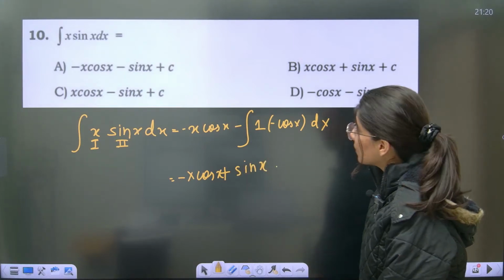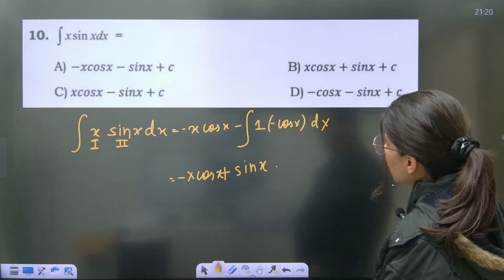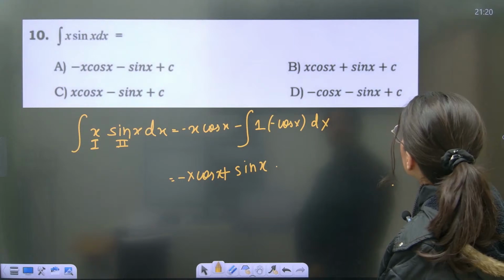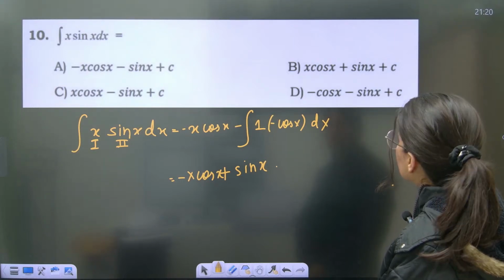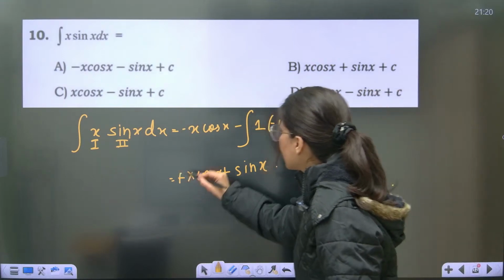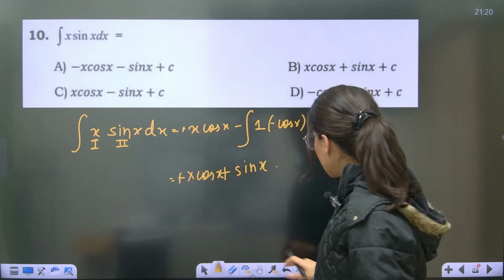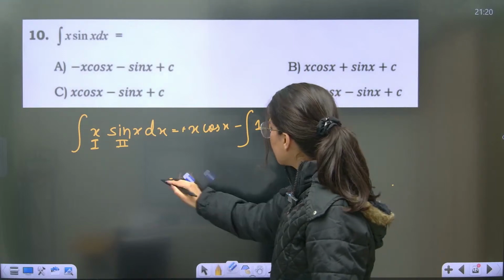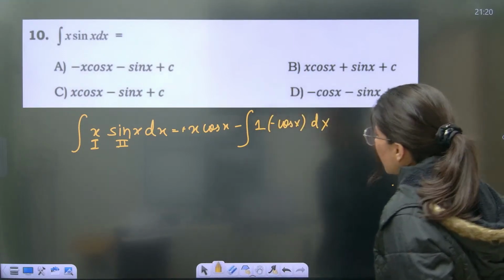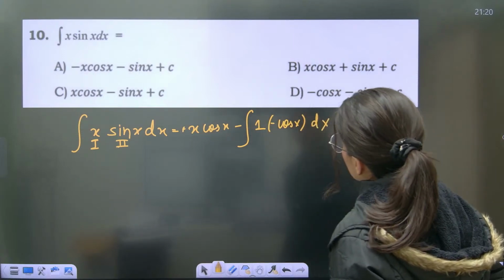Okay. So minus x cos x. First function constant. Sorry, this is positive, right? Integration of sine is what? Sorry guys, sorry. Now integration of cos x will be what? Sin x.